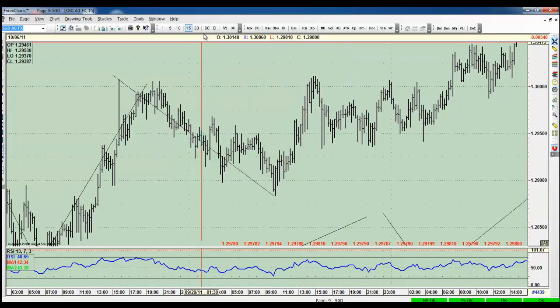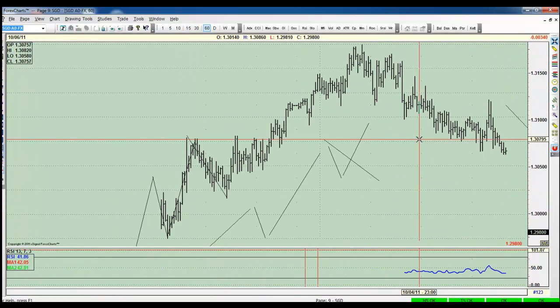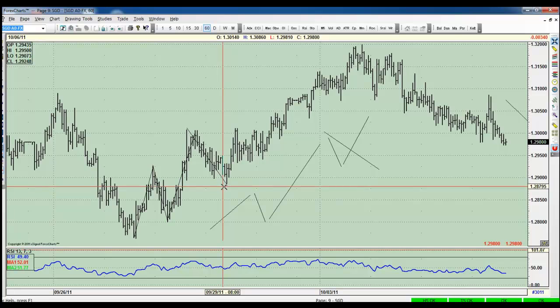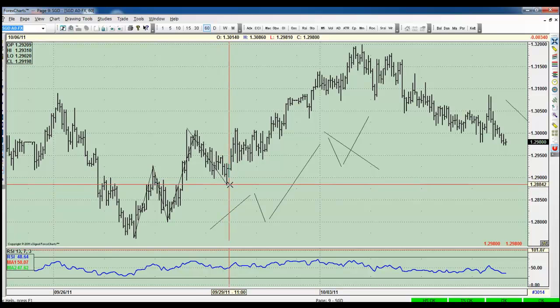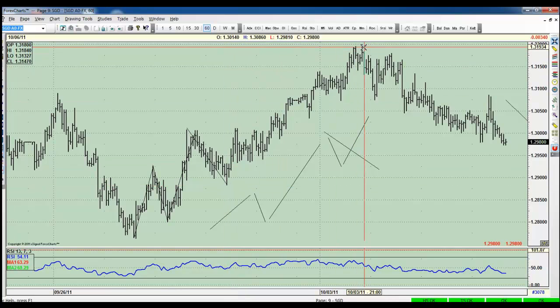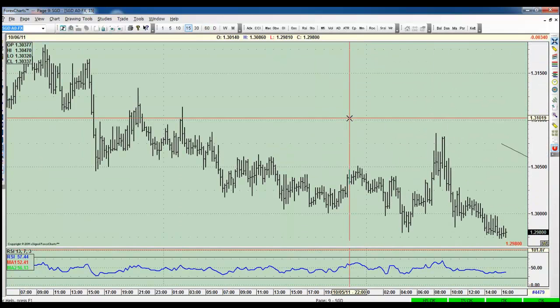So having said all this, this move is A and a flat B, and then if you take a look in the small time frame at the move from here to here, you should get divergence. Let's see that for a second.